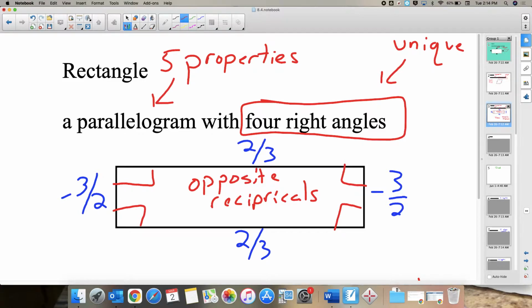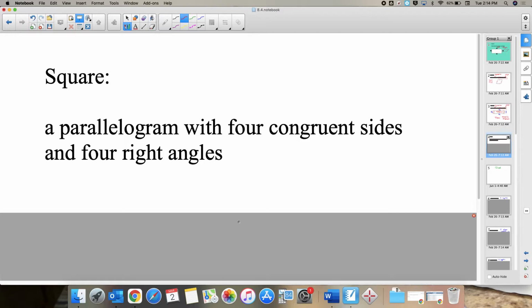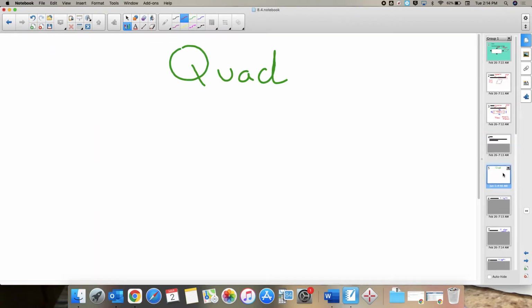Now, your square is actually the most specific quadrilateral you can have. Not only are there 4 congruent sides, we also need the 4 right angles. So when you look at your quadrilateral, we're going to talk about different types of quadrilaterals. In 8.3, we did our parallelogram. Today we're going to look at 3 types of parallelograms.